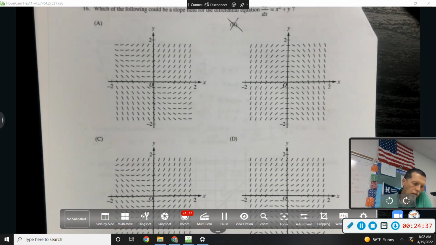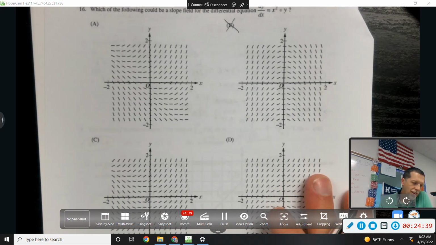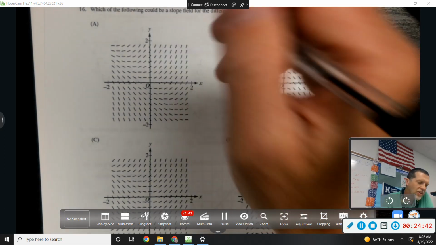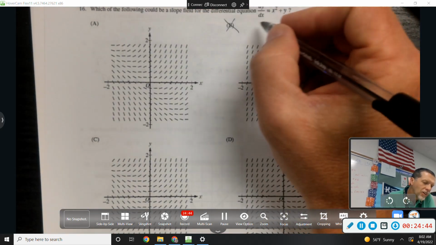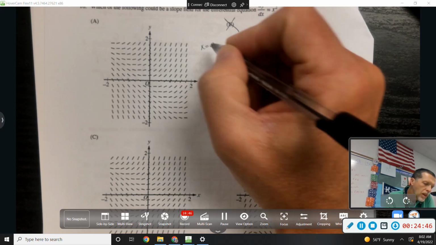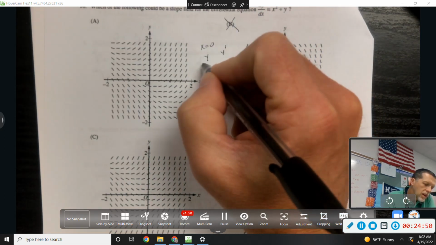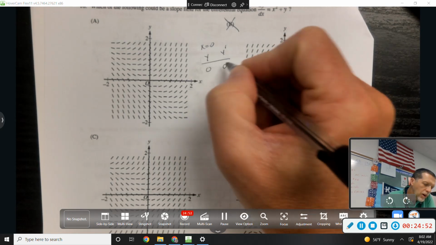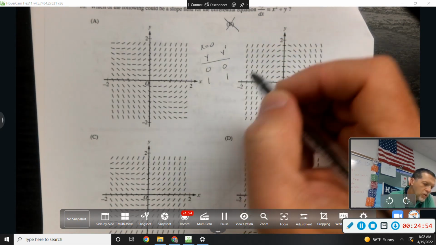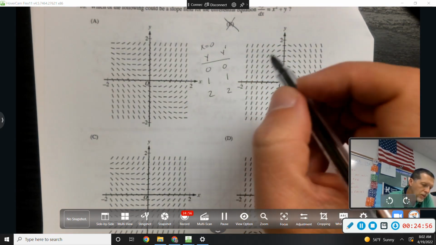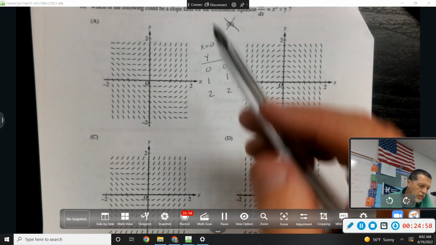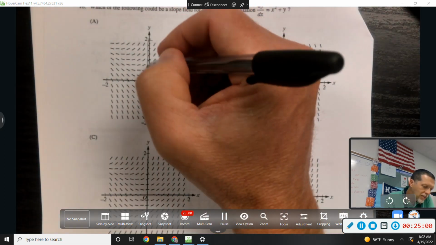What did I think next? I started saying, well, if x equals 0, if y is 0, y prime is 0. If y is 1, the slope is 1. If y is 2, the slope is 2. So I start looking at when x is 0 to see if those fit.